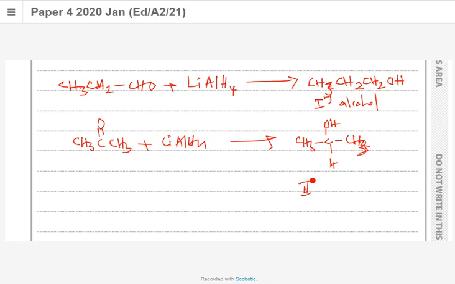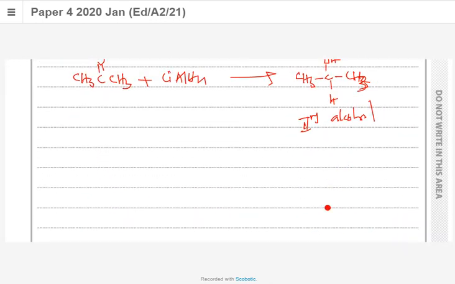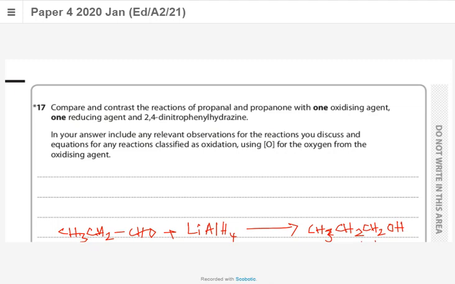This is secondary alcohol. Just copy this. It's okay now. Done.